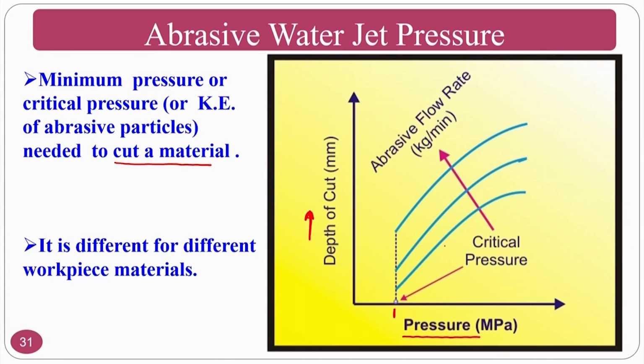If you see across the curves, like what the arrow is showing, if your abrasive flow rate increases, the number of abrasives coming into contact with the workpiece will increase, so the depth of cut also will increase.